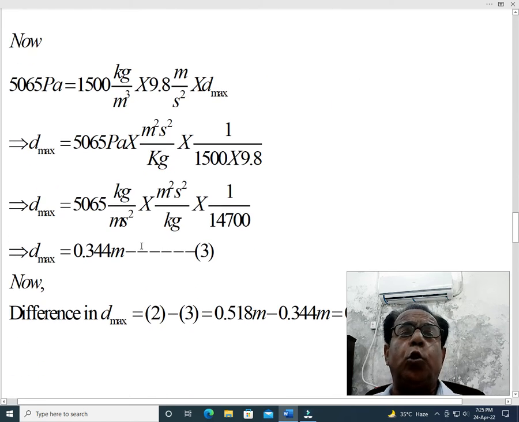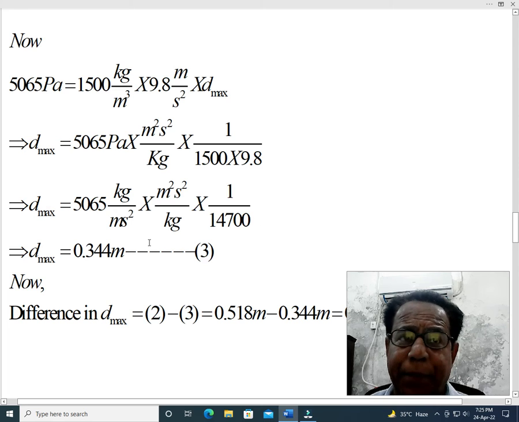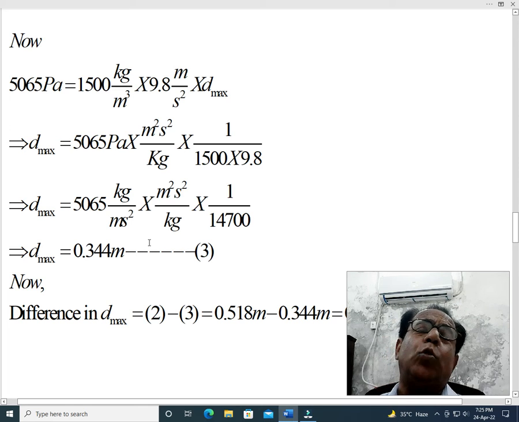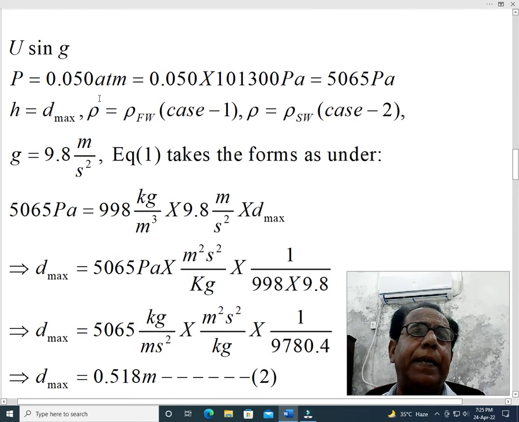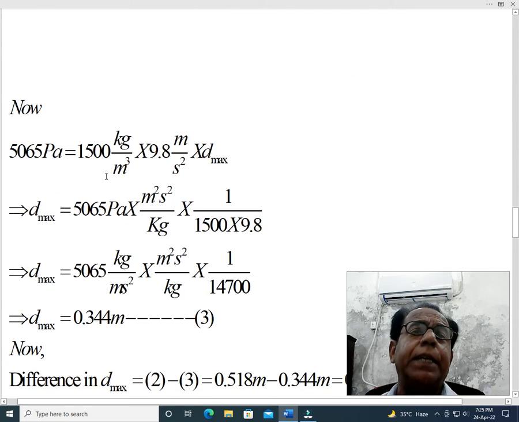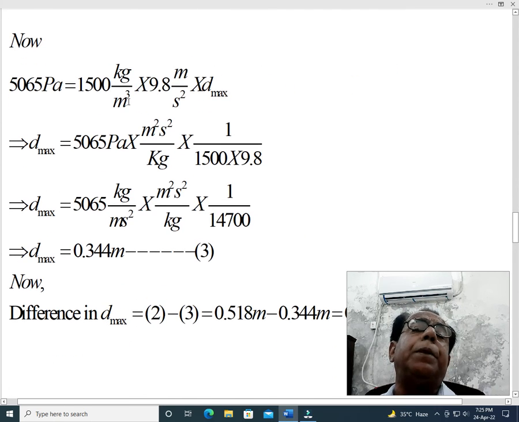Now we move on to the second case in which the other density is considered. So once again the same procedure. The only difference is that here in place of 998 kilogram per meter cube, we have taken 1500 kilogram per meter cube, which is the other density.